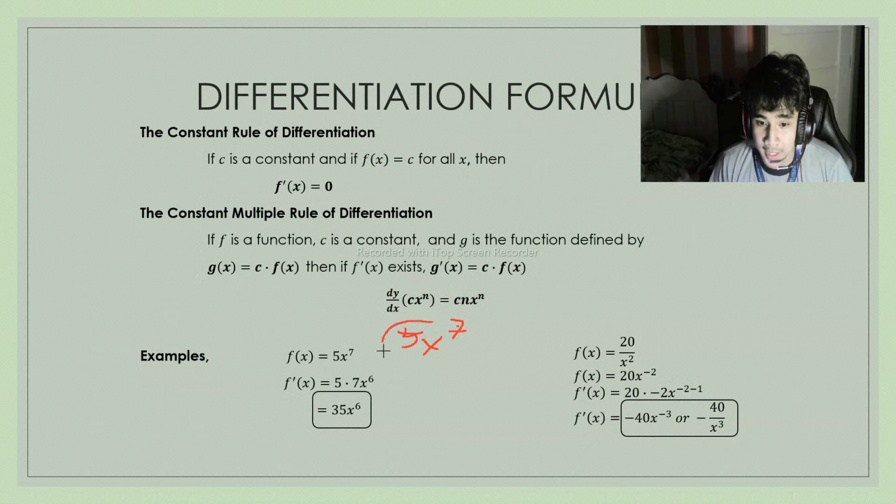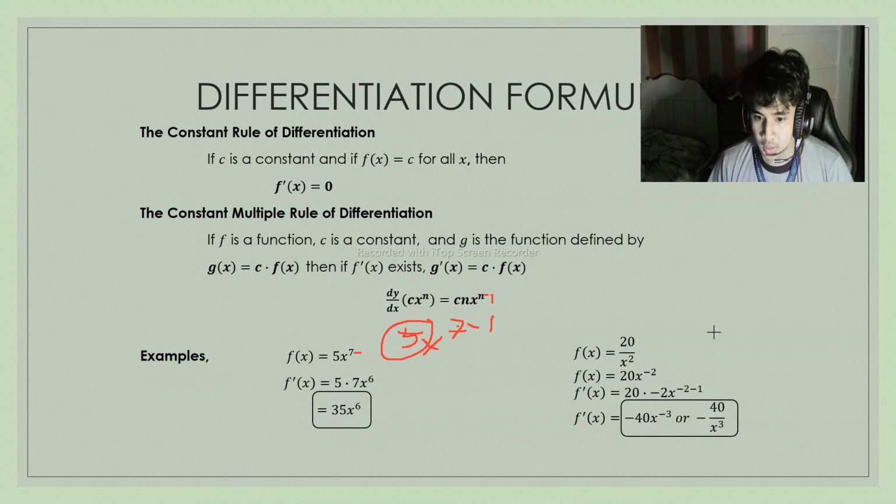Ang c natin ay 5, and 7 is our exponent, n. Yan. 7 times 5. Tapos, babawasan natin to ng isa, yung 7. Kasi di ko na isulat na may negative 1 dapat doon. Sorry po sir, babaguhin ko na lang po sa PPT. Ayan. 5 times 7 is equal to 35x raised to 6. And that would be our answer.